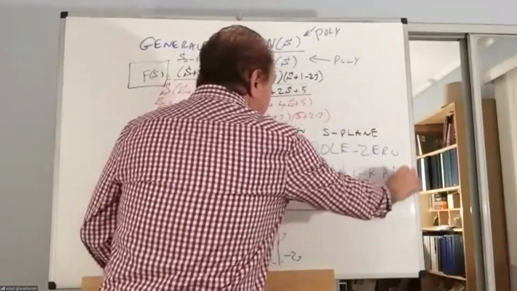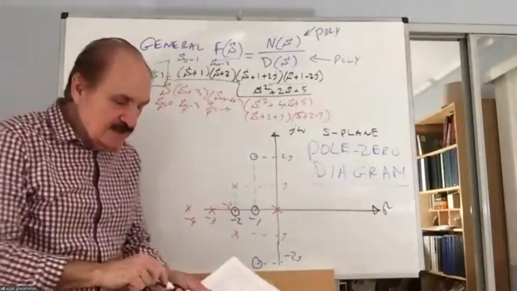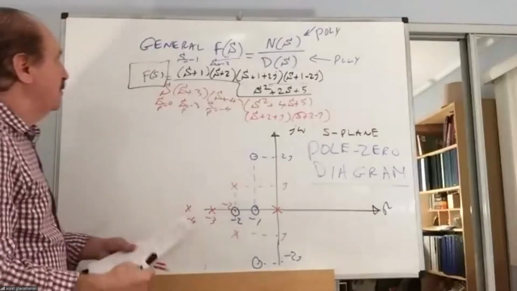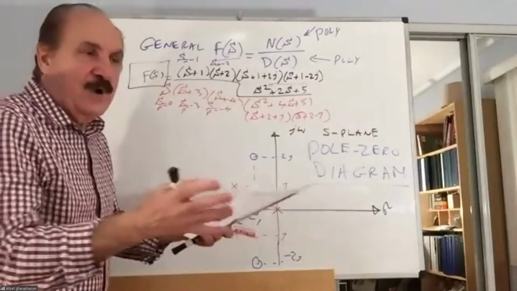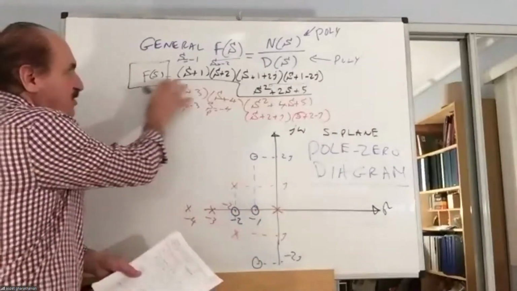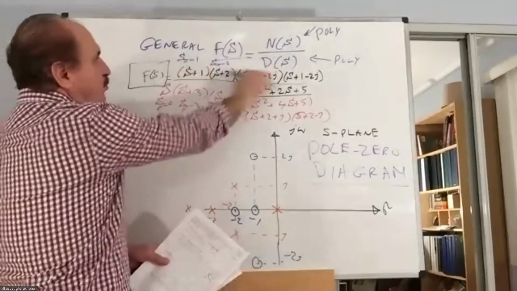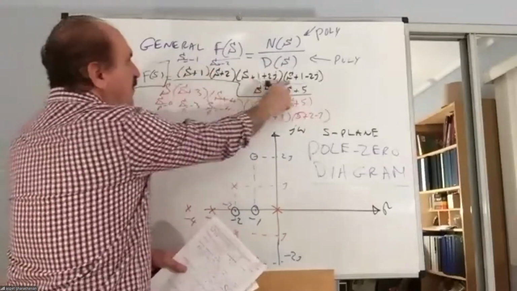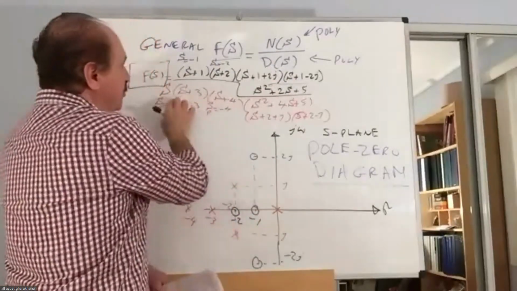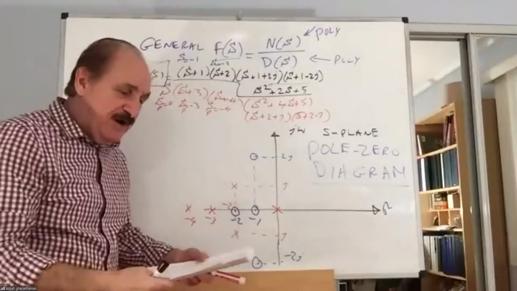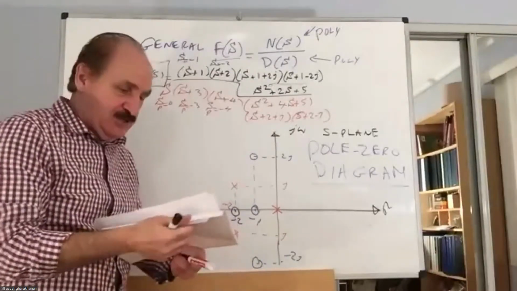And you will hear this, as I said, a million times when you go to the control engineering class, so you better know what the instructor is referring to. It's a general rational function, numerator, denominator. The roots of the numerator are called zeros. The roots of the denominator are called poles. Poles characterize a lot about the system.